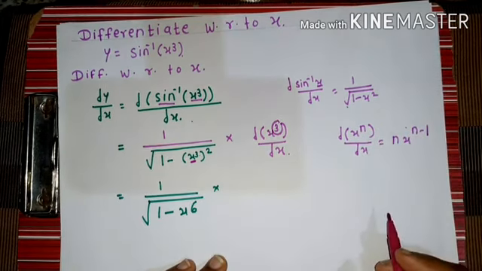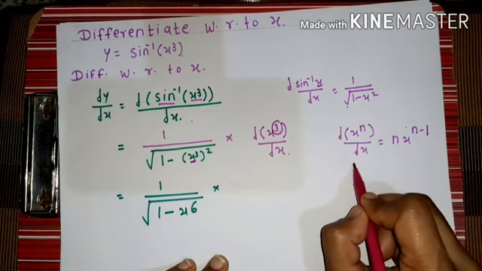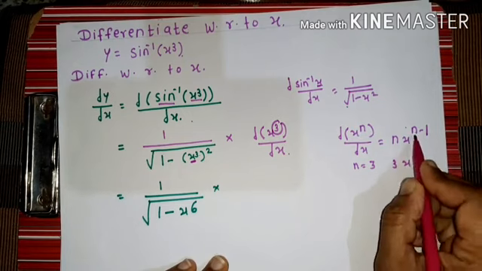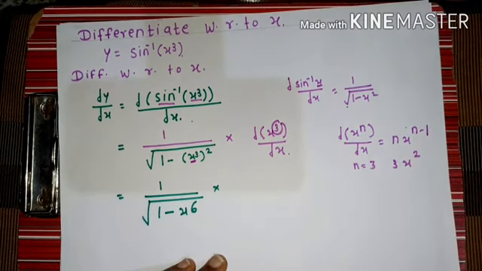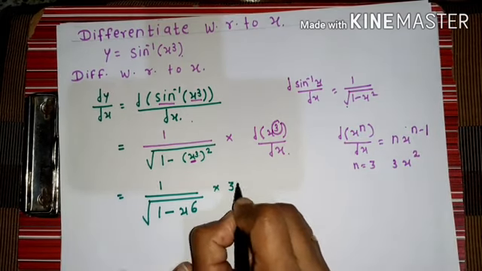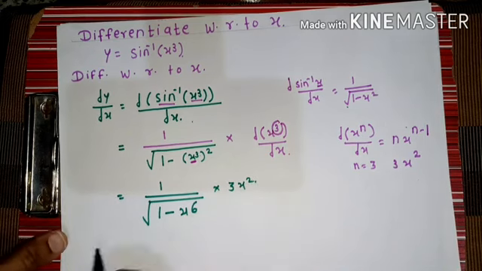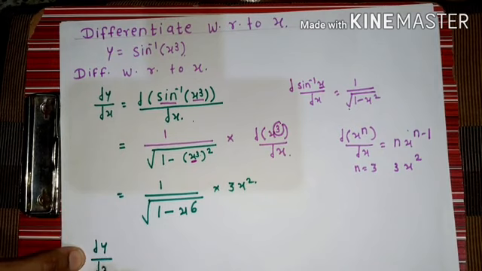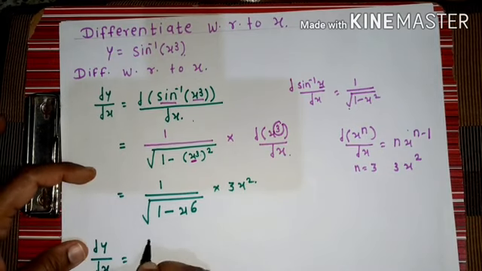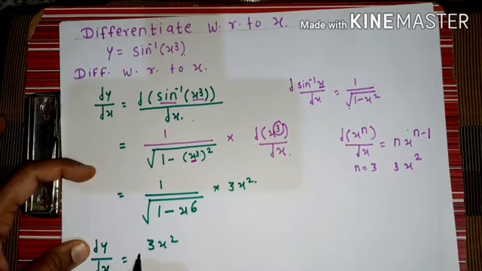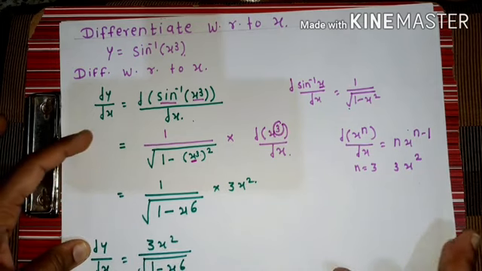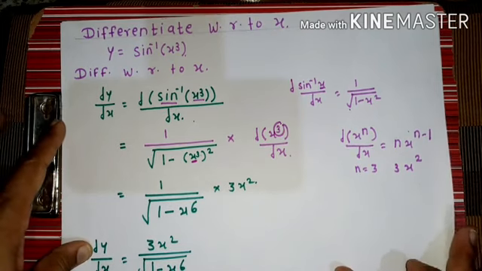By using this formula, and n equal to 3 here, that is 3 into x raised to 3 minus 1 is 2, and therefore this is into 3x square, and therefore dy by dx equal to 3x square upon square root of 1 minus x raised to 6. In this way, we have to differentiate.